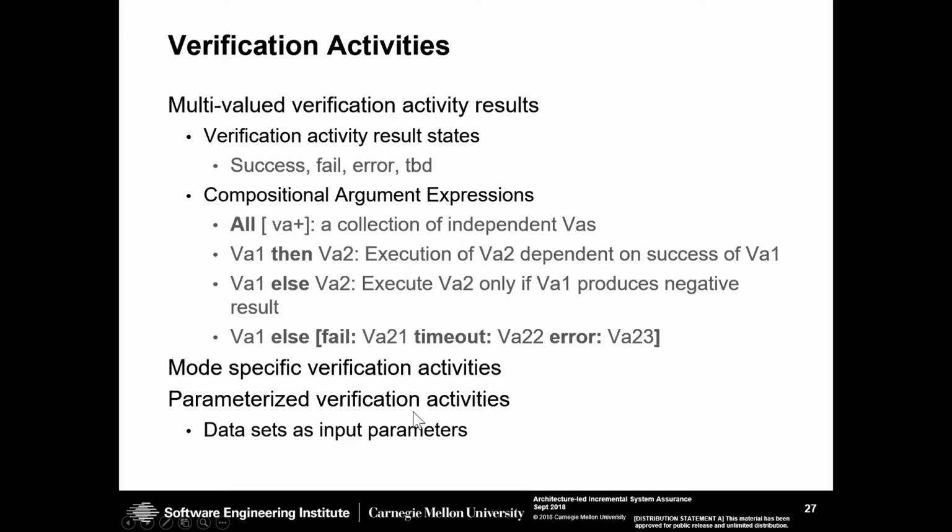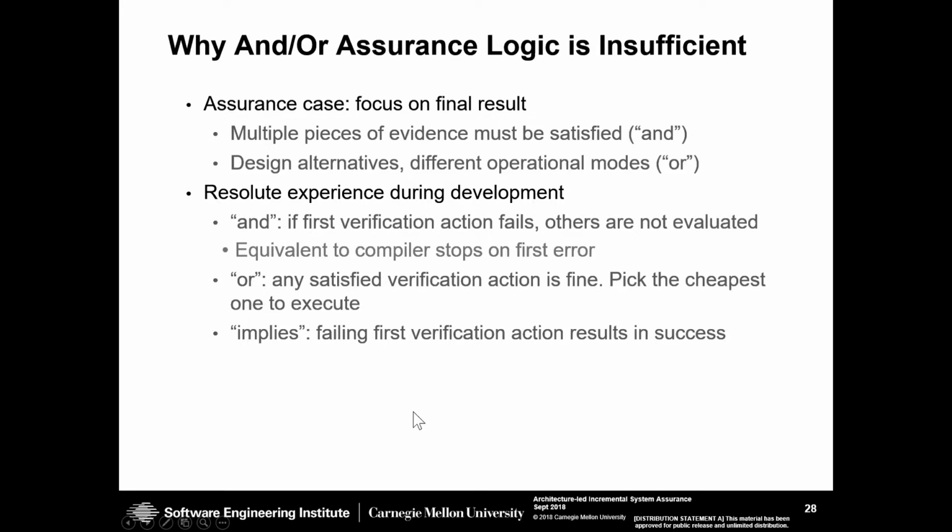That's different from using AND OR logic, where you have the traditional logical AND, which typically has a shortcut. That is, if the first one fails, you don't bother evaluating the latter operands. This was an early implementation of Resolute that did that shortcut, and later on, based on the work we have done, they improved the way they were doing the AND as well.